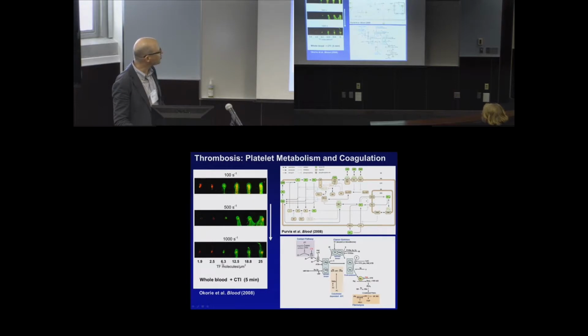And what we saw over a very narrow dose response range, going from about 2 to 10 molecules of tissue factor per square micron, you go from basically a platelet deposition event to a full thrombotic response where you're polymerizing fibrin. So we wanted to model the accumulation of platelets at this location and also the production of fibrin through the assembly of the proteases in the coagulation pathway.